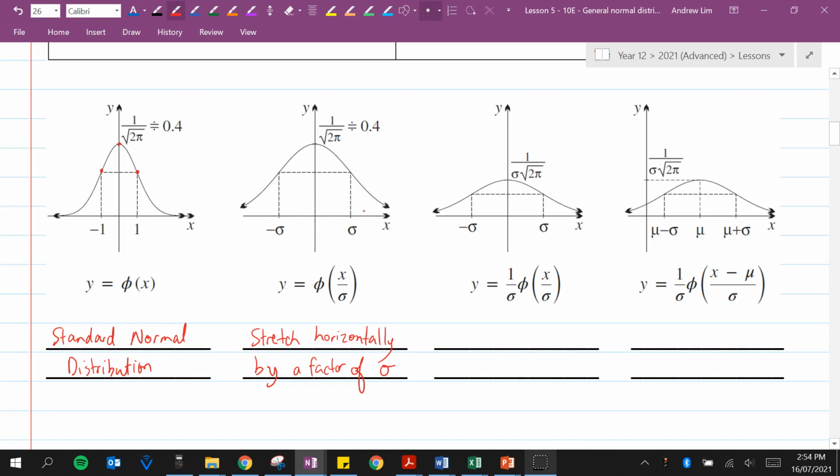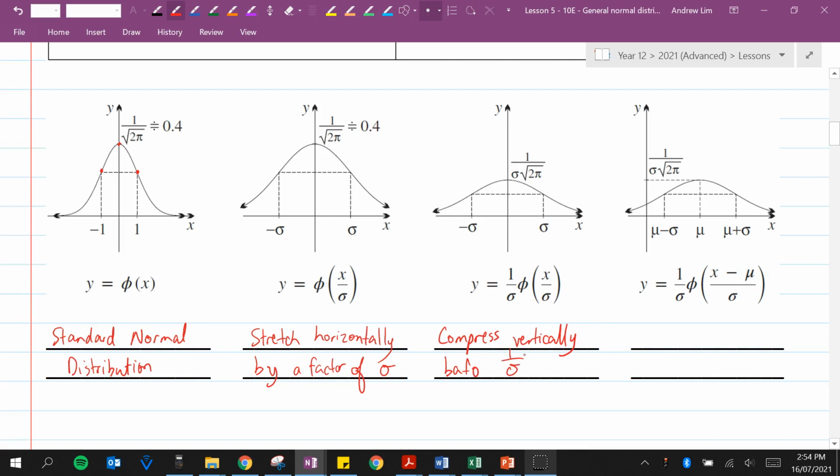So in order for us to make it equal to 1, we need to compress. We need to push this down. We need to compress the bell curve vertically by a factor of 1 over sigma.